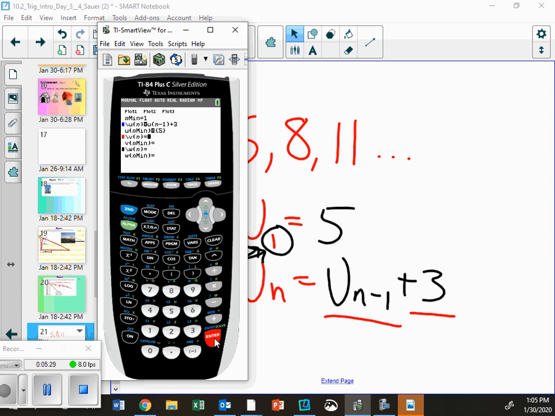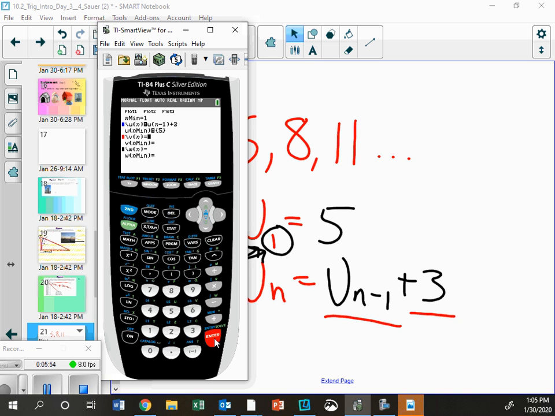Now, believe it or not, even with me going that slow, there's going to be at least 3 people for whom, when I do the next thing, it's not going to work. You're going to need to turn to your partner and say, okay, let me see what you typed in. You go back to the y equals screen, and at least 3 of you did something wrong. I get it. We're all human. Sometimes it's not your fault at all, because maybe one of your plots is on. See at the top where it says plot 1, plot 2, and plot 3?